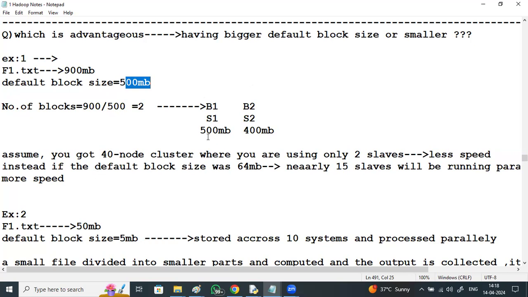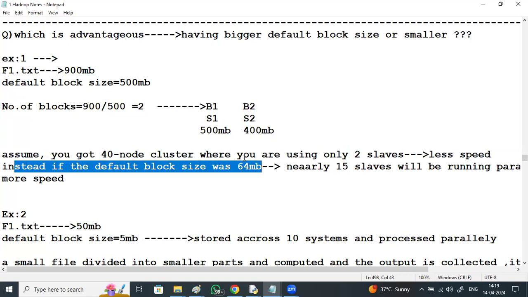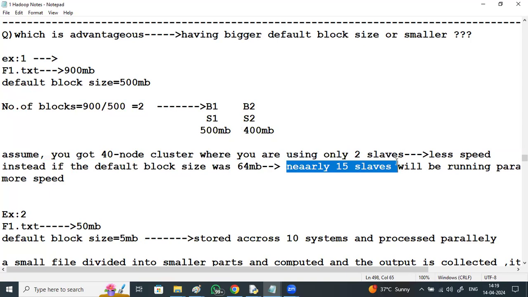But here only two systems are running. If the default block size is 64, nearly 15 slaves should have been running in parallel and we should have achieved more speed, right?